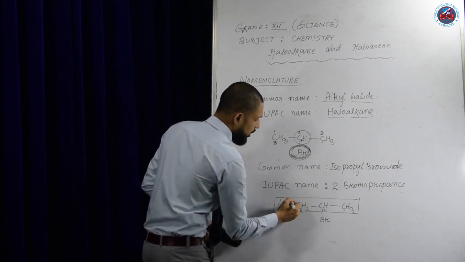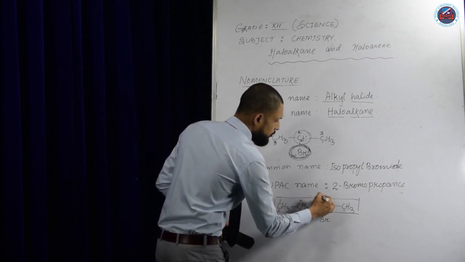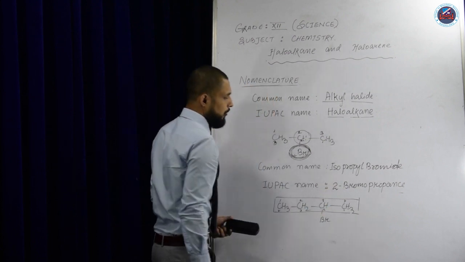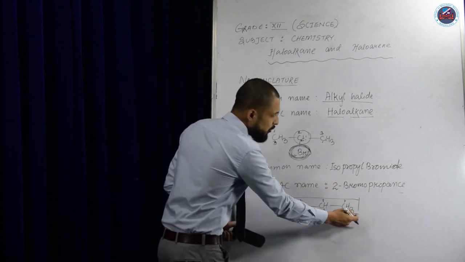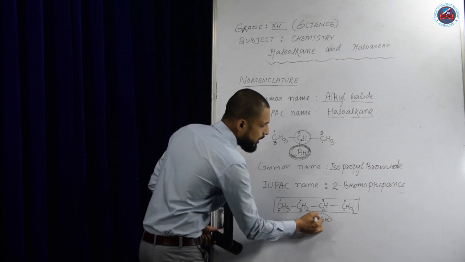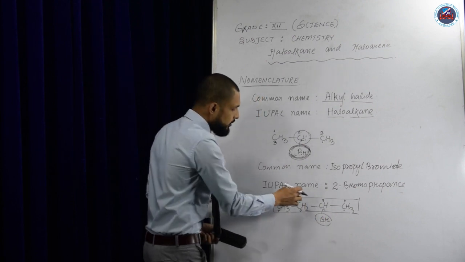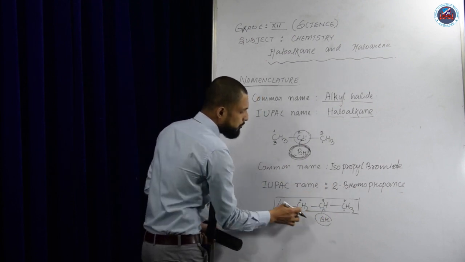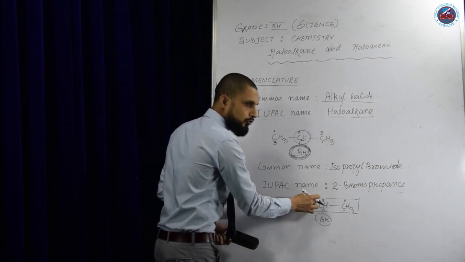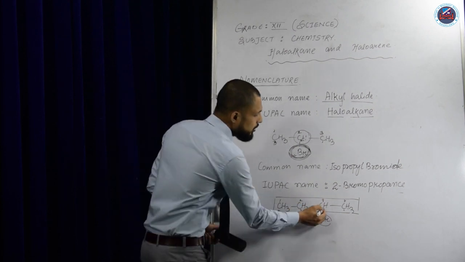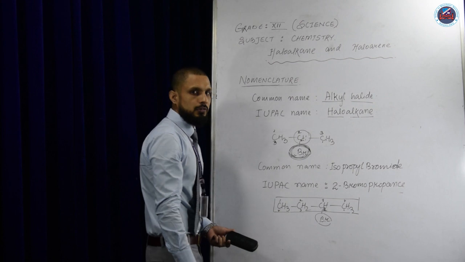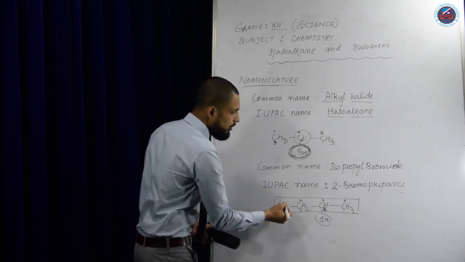Left to right, carbon 1, carbon 2, carbon 3, carbon 4. If you go from right to left, the position of Br is carbon 2, whereas if you go from left to right, the position of Br is carbon 3. So we prefer the lowest position. That means we'll go from right to left.